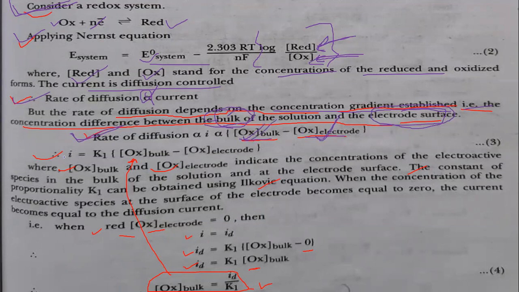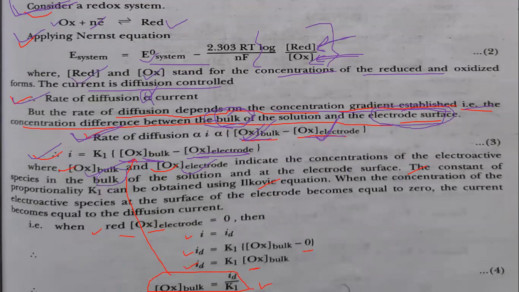Therefore this can be written as current is equal to K1 into the concentration of oxidized form in the bulk minus the concentration of oxidized form at the electrode. Here, OX bulk and OX electrode indicate the concentration of the electroactive species in the bulk of the solution and at the electrode surface.